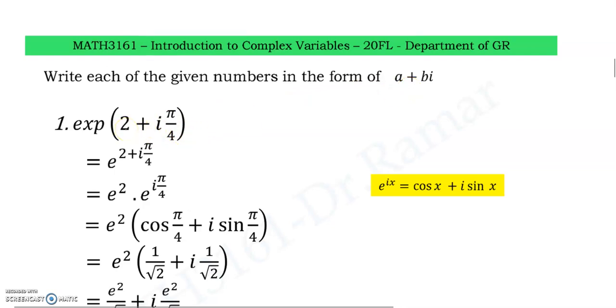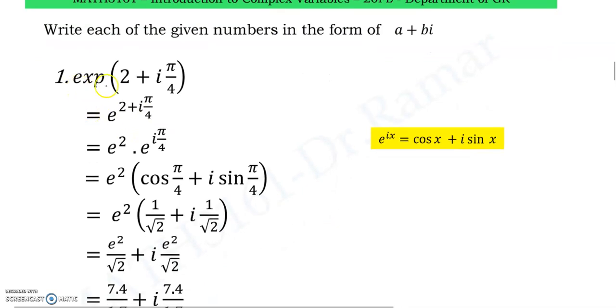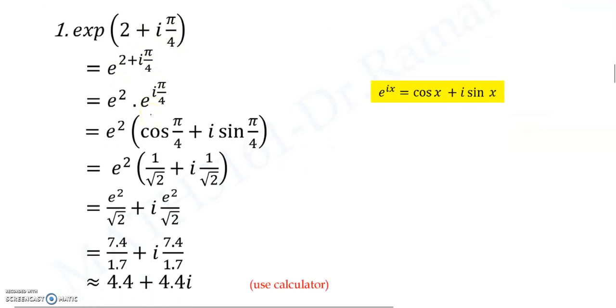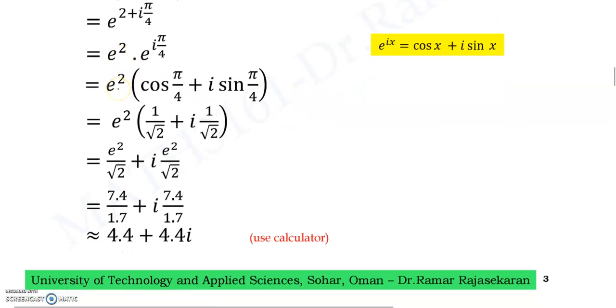Now we see the first question, that is exponential of 2 plus i pi over 4, that is nothing but e to the power 2 plus i pi over 4, that is e squared multiplied by e to the power i pi over 4. Here the base is e, so we can use this rule which you studied earlier. Here we apply Euler's formula.